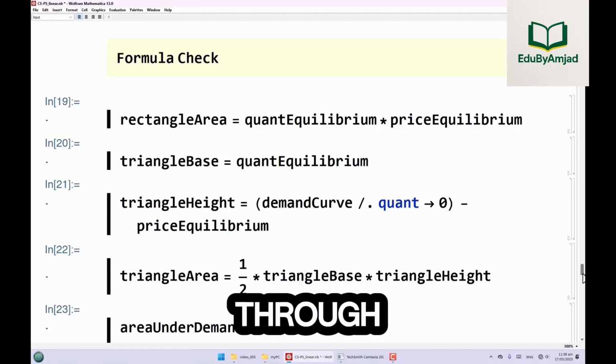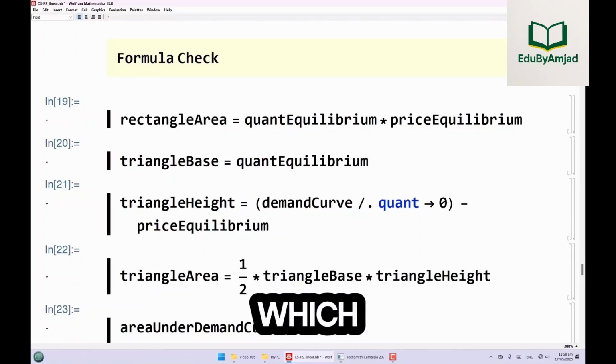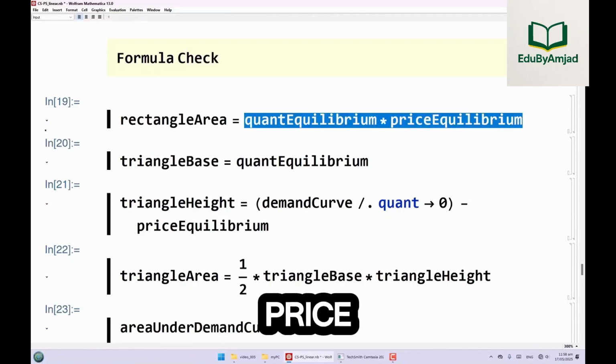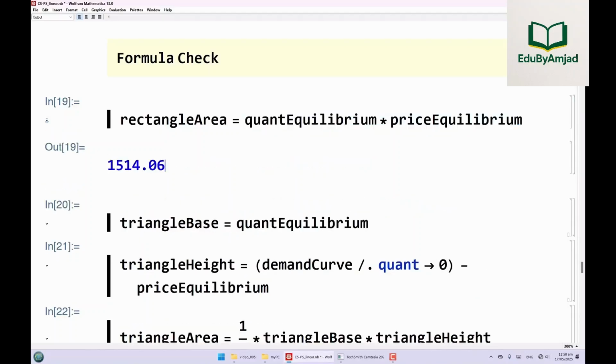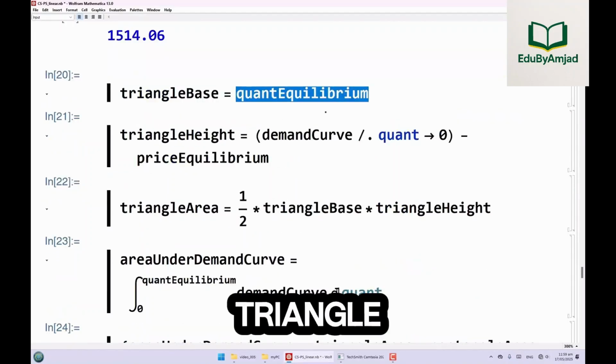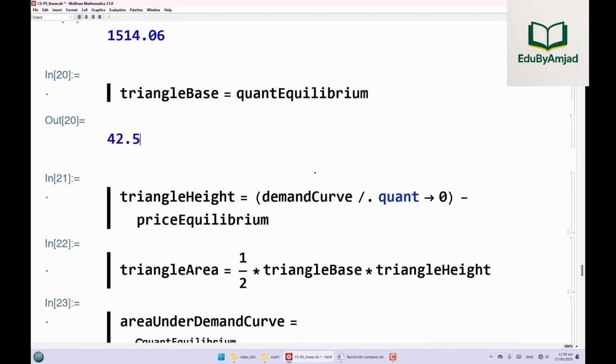We can double-check through area formulae of geometrical shapes. Define the rectangle area, which is the product of its two sides, equilibrium quantity and equilibrium price. For the area of the triangle, input the triangle base, that is the equilibrium quantity.